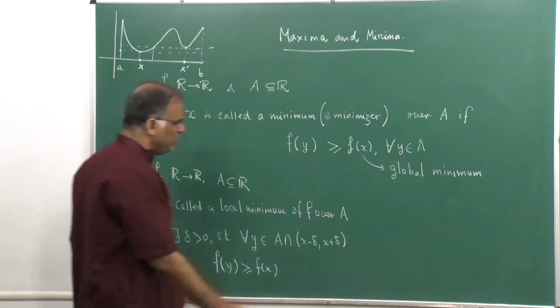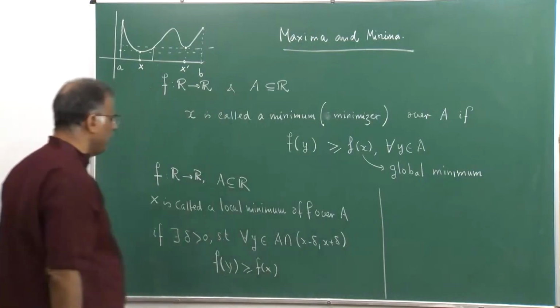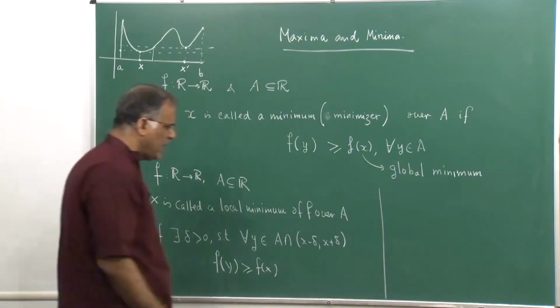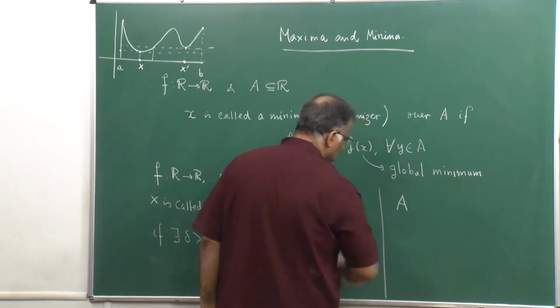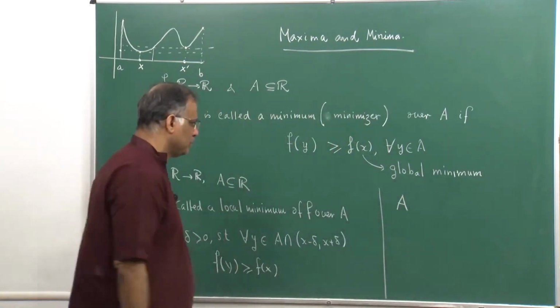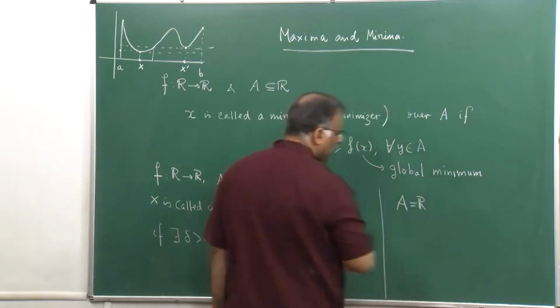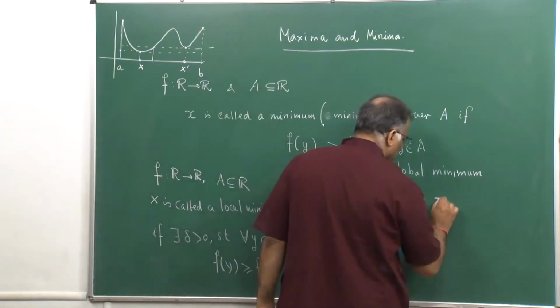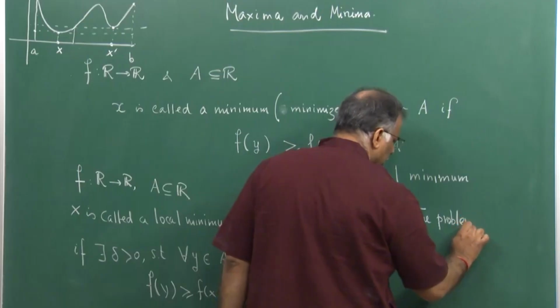Now, let me mention two important facts about optimization problems. If A is equal to R, then we say that the problem is unconstrained, there are no restrictions on the problem.